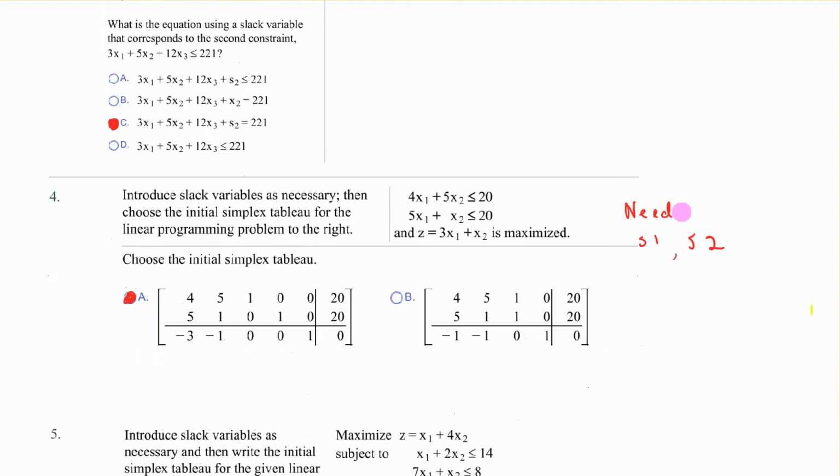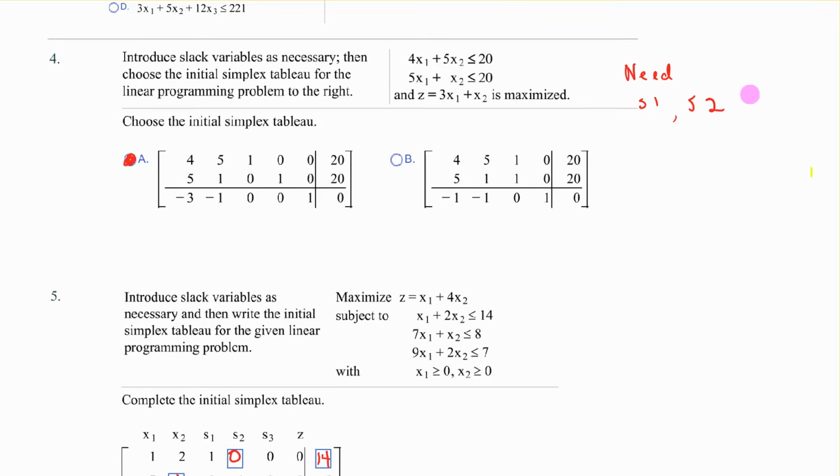Number 4, introduce slack variables as necessary and then choose the initial simplex tableau for the problem. Here are our constraints and here's our z. We have two constraints, so we need S1 and S2. Here are your x1, x2, s1, s2, and your z.